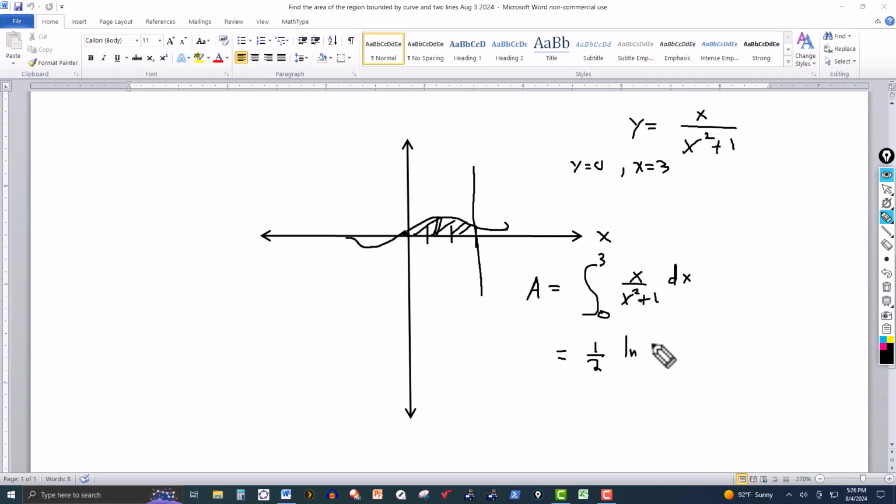But x squared plus 1 is never negative, so I don't need the absolute value here. I just put 1/2 natural log of x squared plus 1. And of course, because I have a definite integral to find the area, this goes from 0 to 3.